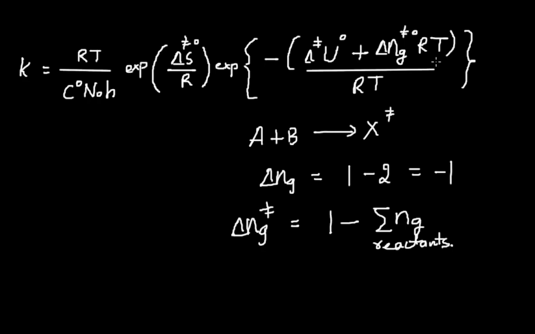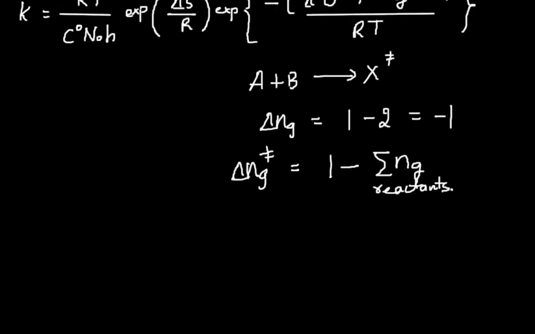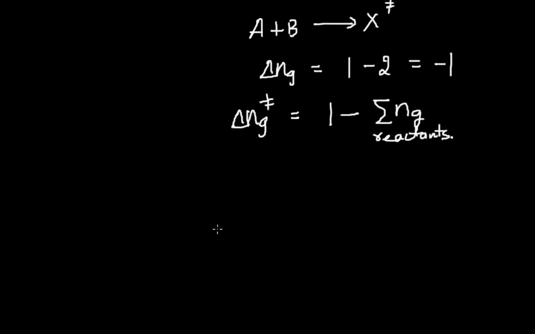This RT will get cancelled. You'll get a separate expression for this thing. So shall I just put it down here? Let me use a new page, and we have it.